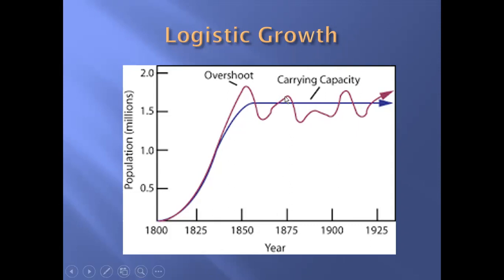So maybe we bump a little over the carrying capacity. Maybe we have a bad year with forest fire or water, drought or something like that. The population could actually remain below the carrying capacity. Then we have a really good year, right? It jumps back over. So what we're going to see in a logistic growth curve is a period of exponential growth that slowly levels off, and then it kind of hangs out somewhere here around the carrying capacity for that ecosystem.